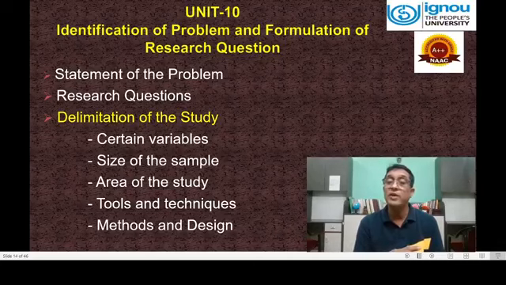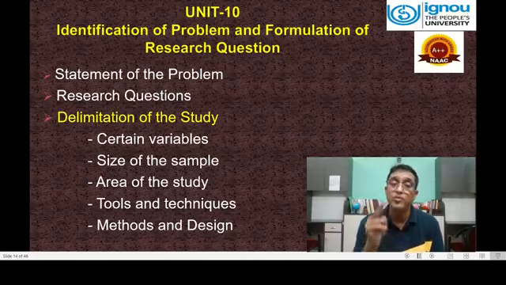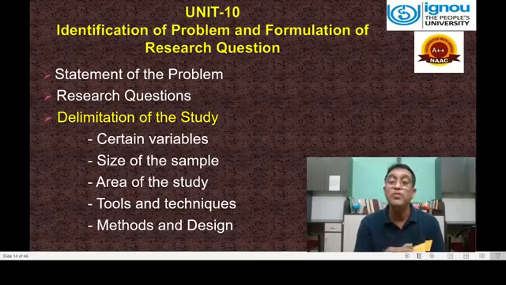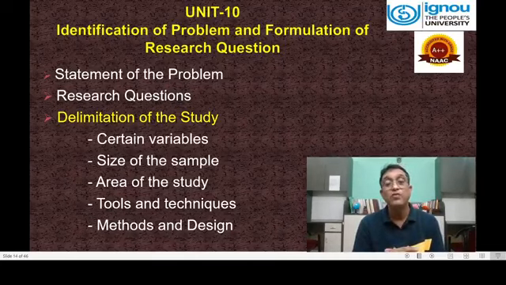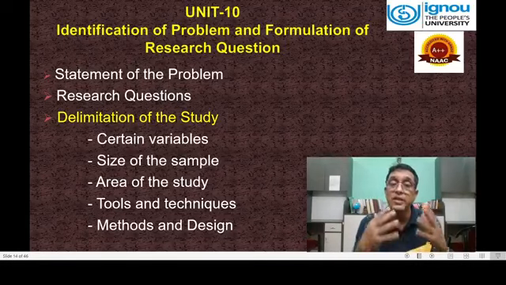Many a time you can say that the research problem that you have selected can only be done with 2 variables. Other variables can be taken, but being a researcher, you have to delimit, you have to think, you have to bring certain limitations on which variables you can study within a stipulated time period.